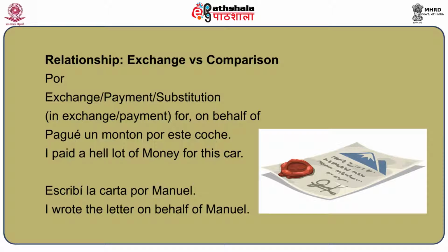Pagué un montón por este coche, I paid a hell of a lot of money for this car. Escribí la carta por Manuel, I wrote the letter on behalf of Manuel.